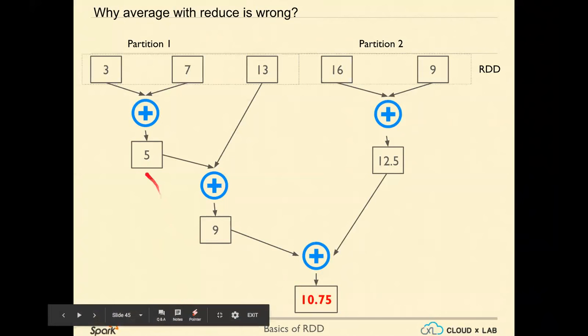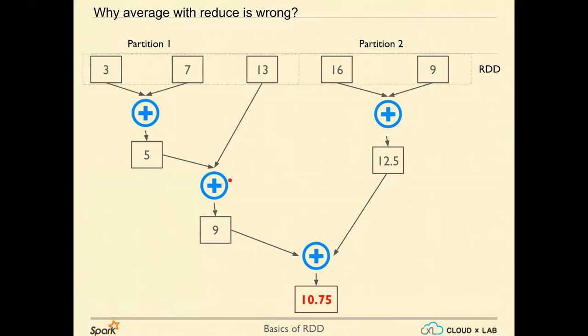Which step is the mistake? If we call this the first operation, this the second, this the third, this the fourth, at which operation is the mistake? So for average, if you want to average three numbers, it's the sum divided by three, and not the sum of two numbers divided by two and then the third number. So the second step is wrong.